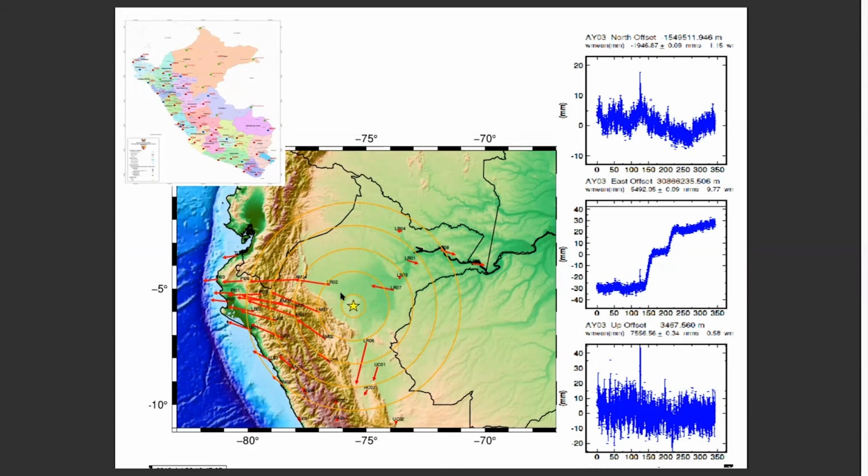For example, each point is a reference GPS station.